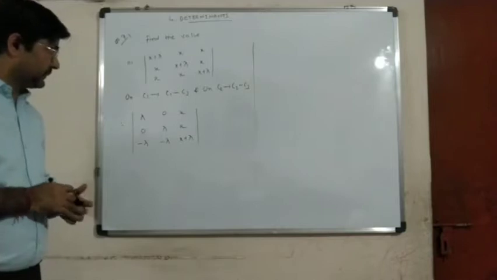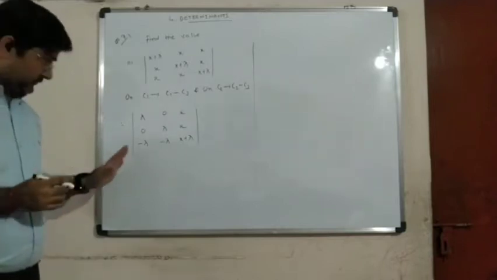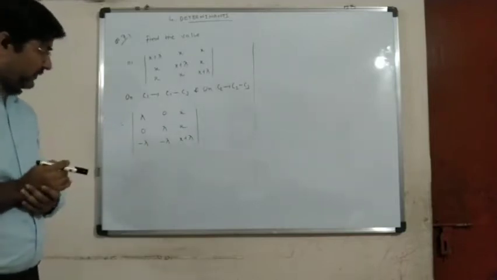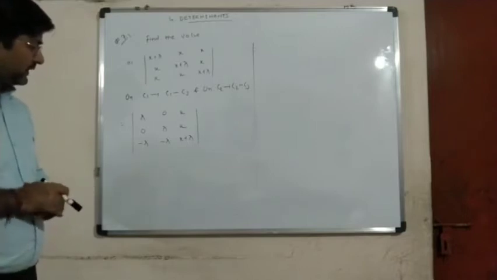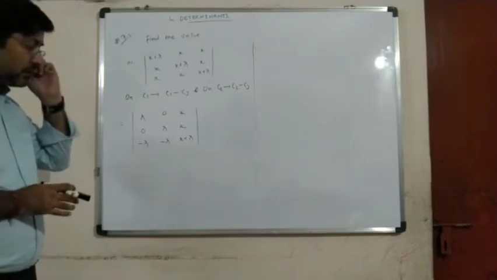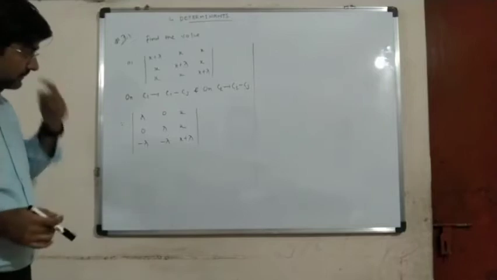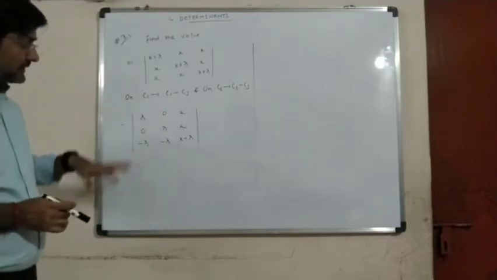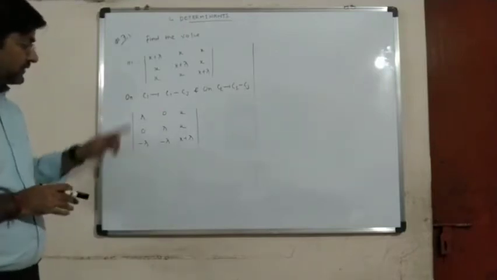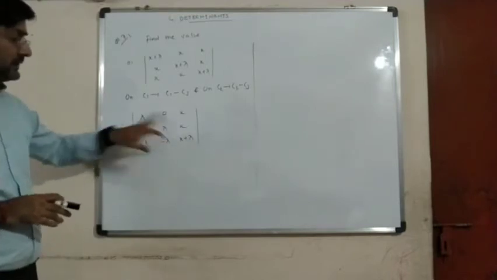So we got quite a simplified form. One more step if you want to do, you can. We can subtract R2 minus R1, but it will be of no use, because if you subtract here you will get lambda and here 0.